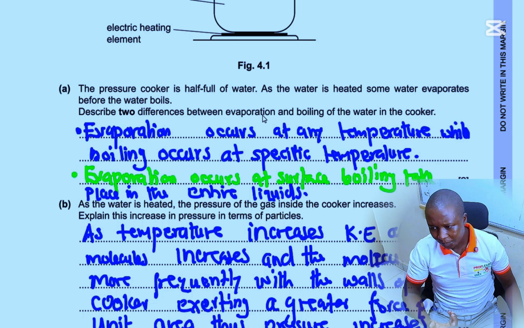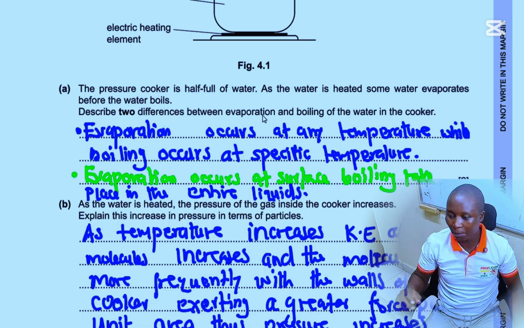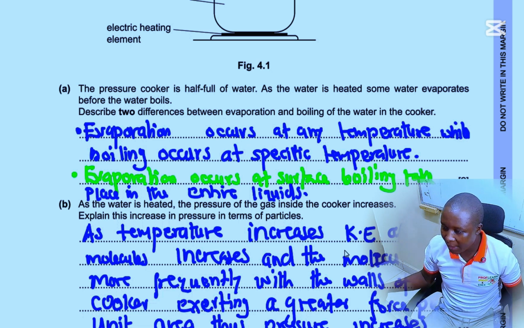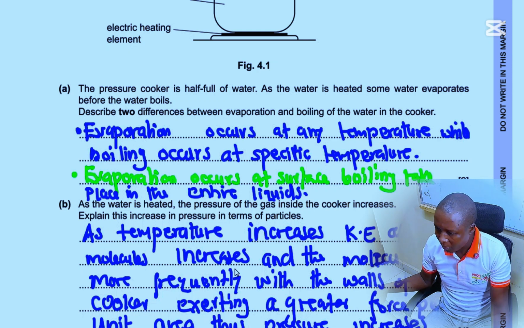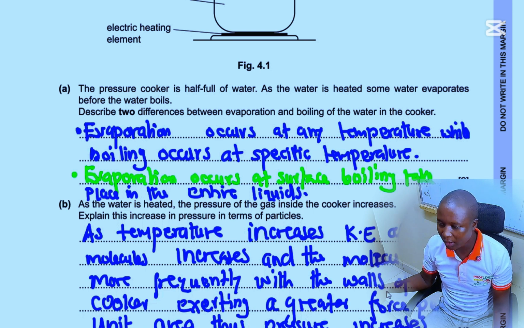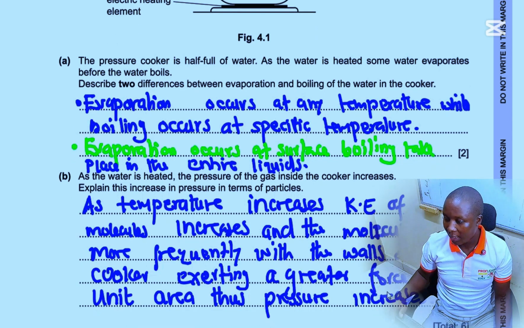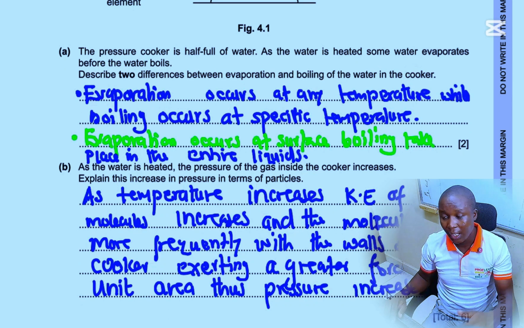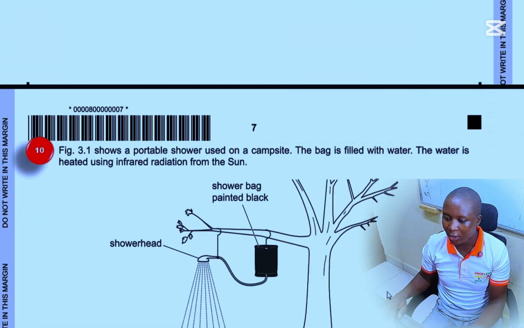So this results in force exerted on the walls, and force per unit area is pressure. So that's why as temperature increases, the kinetic energy of gas molecules increases, and the molecules collide more frequently with the walls of the cooker, exerting a greater force, and force per unit area is pressure, and that explains why.